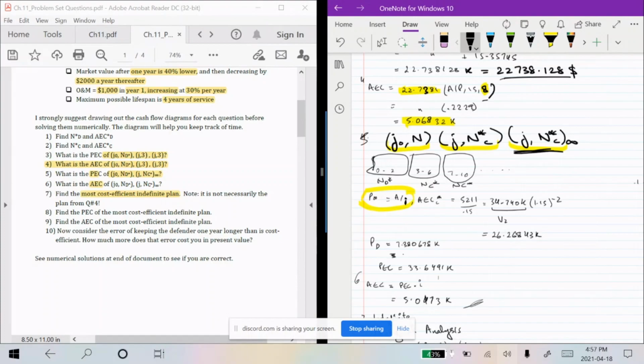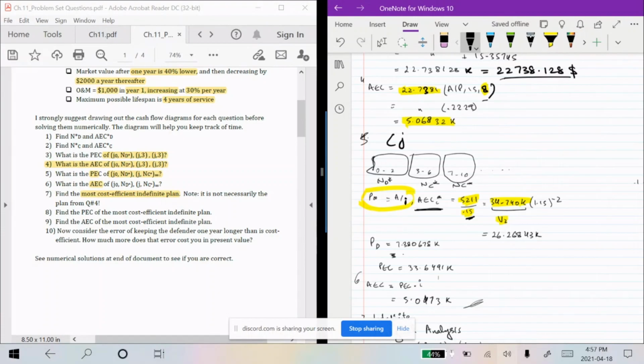So the AEC of the Challenger, the most cost efficient plan, was 5211, okay? And the I is 0.15 because that's the MARR that they gave us. So 5211 divided by 0.15, and you get 34,740. But this is in V2, because this was wrong. This was not for this question.